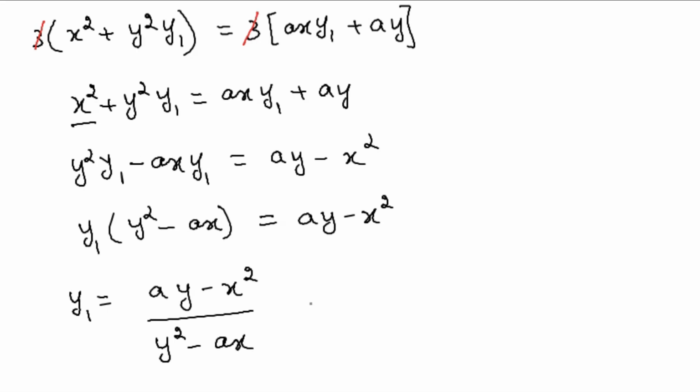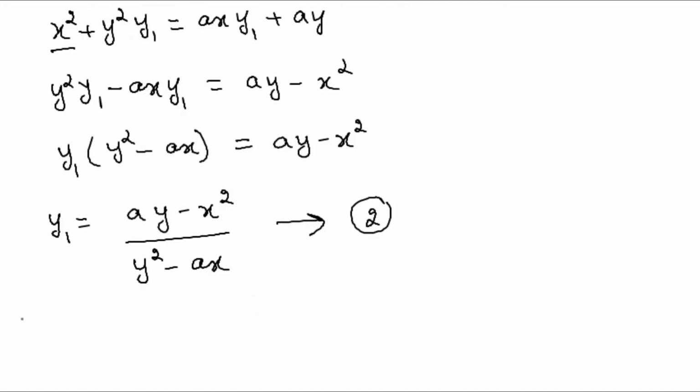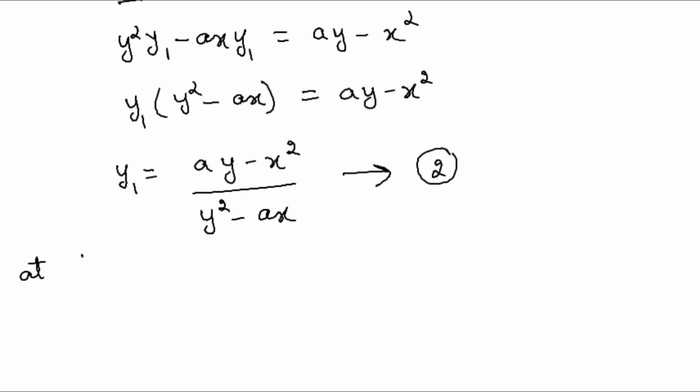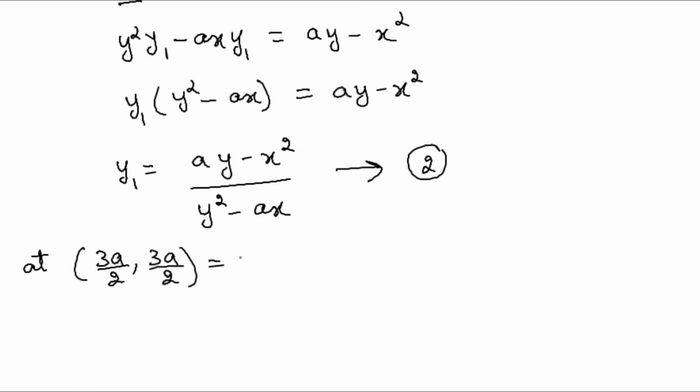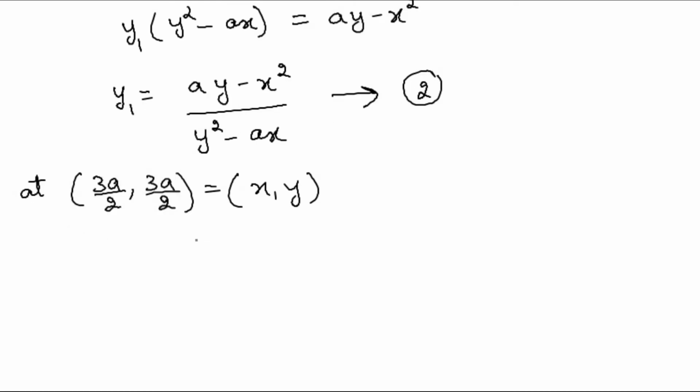So let us take this as equation number 2. But we need to find out the radius of curvature at the point 3a by 2 comma 3a by 2. So I'll try to find out at the point 3a by 2 comma 3a by 2. That means at the point x comma y, x value is 3a by 2, y value is also 3a by 2. So let's try to plug in over here.